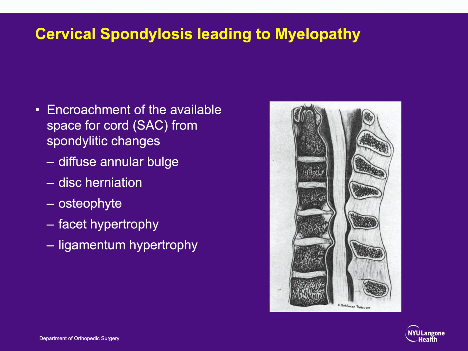The myelopathy occurs as a result of a continuum of degenerative process. The disc degenerates, it leads to settling of the disc space with bulging of the annulus, herniation of the annulus and the other materials, again leading to microinstability, and the body's attempt to stabilize this by forming osteophytes and hypertrophy of the facets and the ligaments, resulting in further encroachment of the space available for the cord within the canal.